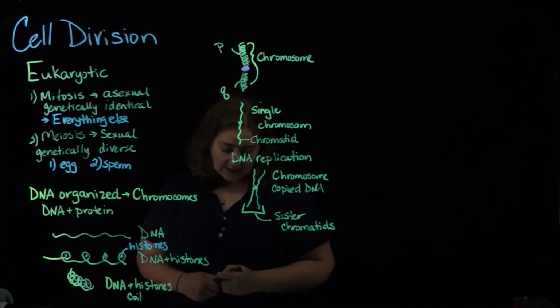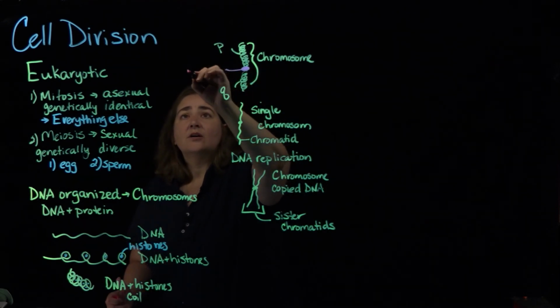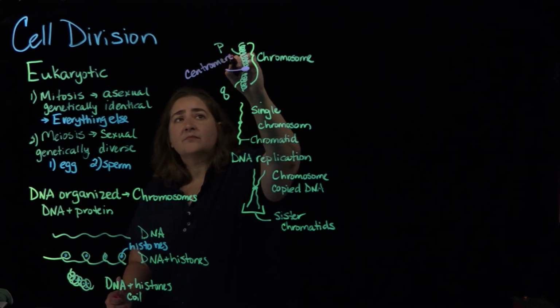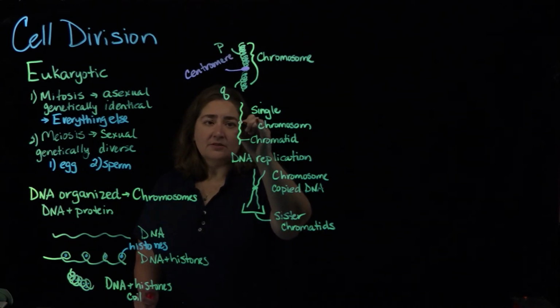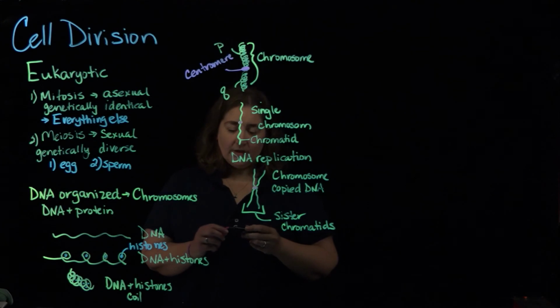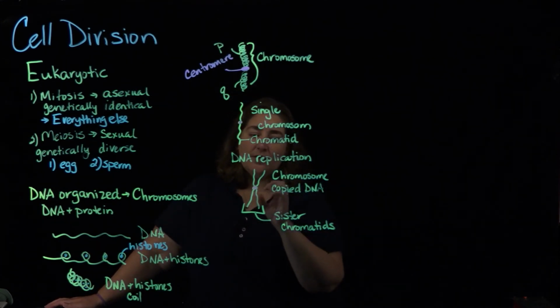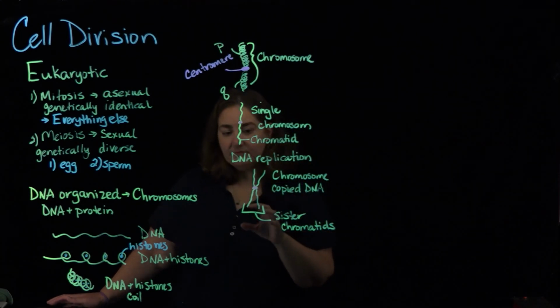And I guess I should define this. I don't know why I would wait, but what holds those together is the centromere. So there's a centromere here, there's a centromere here. Those are going to hold the P and the Q arm together. The centromere is also going to be where you're going to hold the sister chromatids together as well.